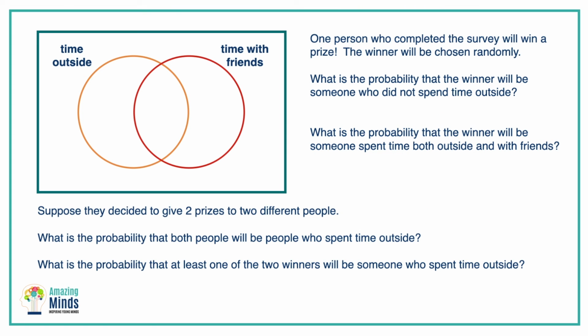And don't forget probability. So here are some questions that you can ask about probability, and students use the data from their Venn diagram to answer probability questions. So these two questions are just based on one winner chosen randomly. But then these questions ask, okay, what if they wanted to give 2 prizes to 2 different people?